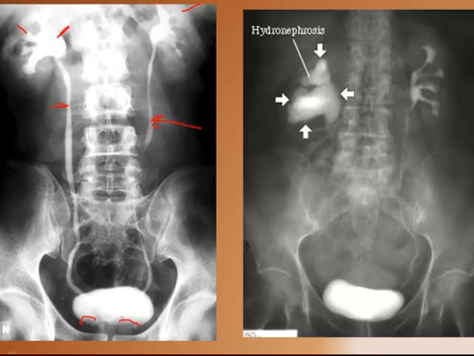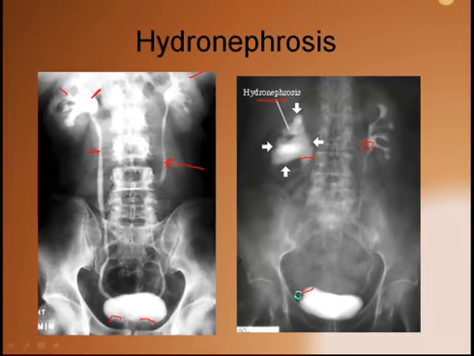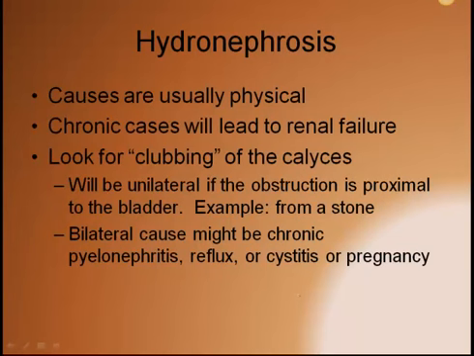Over here, on the other hand, we've got a decided asymmetry between both sides, with this one being grossly swollen, particularly the calyces, which is evidence of hydronephrosis. Especially since this one is normal, what that is telling you is somewhere between here and here, there is a problem. Something is causing this. Now, it could be a kidney stone at that UV junction I was talking about. But it could be something else too.